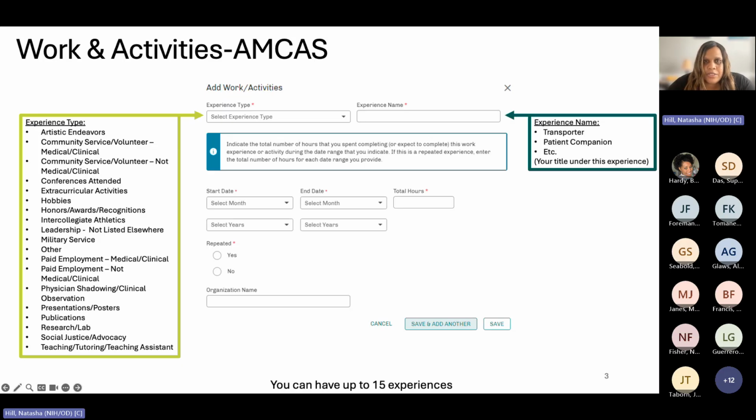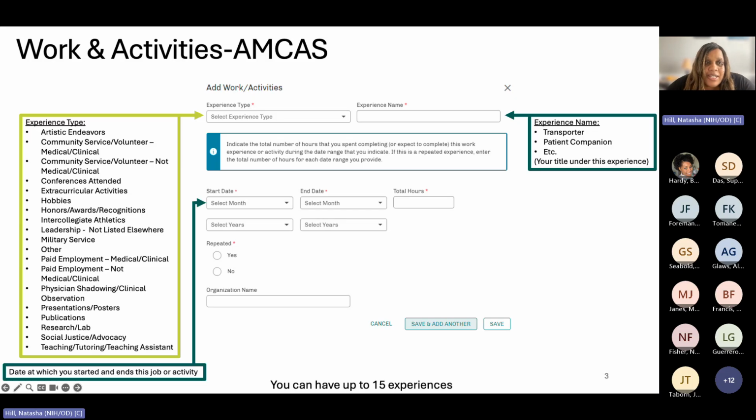Then you're going to move on to typing in specifically the experience name. So, what did you do through this experience? Were you a patient companion? Were you a transporter? Were you an EMT? Whatever you were doing, or whatever name you want to give to the experience, go ahead and put it into this little box.